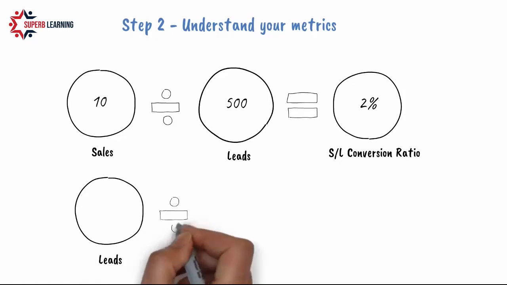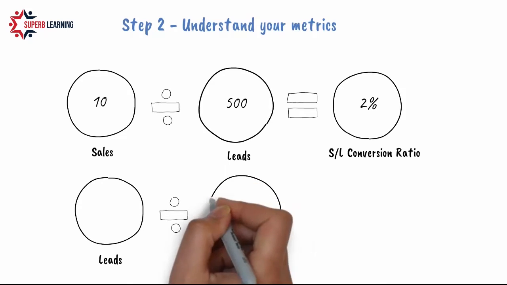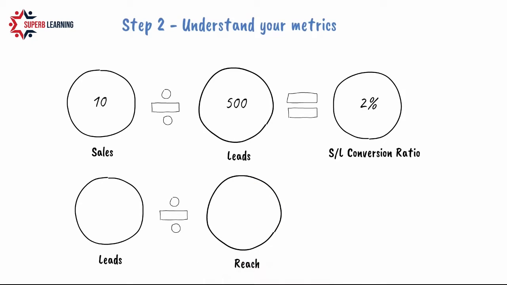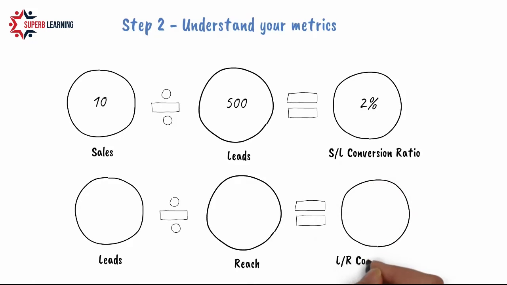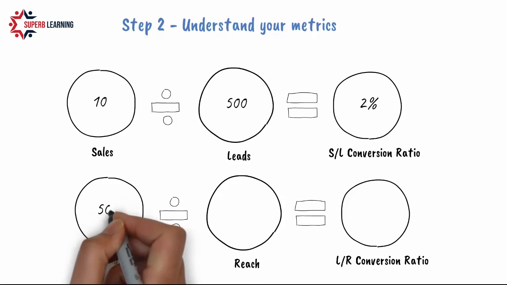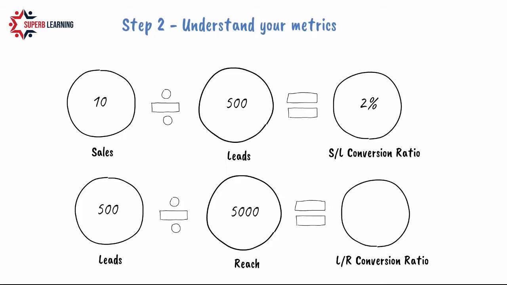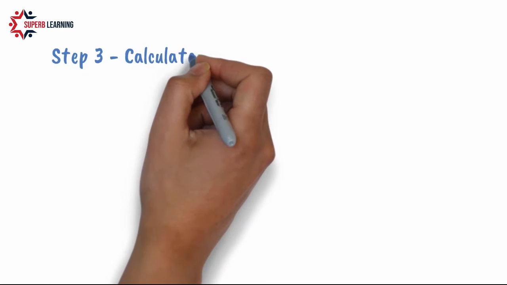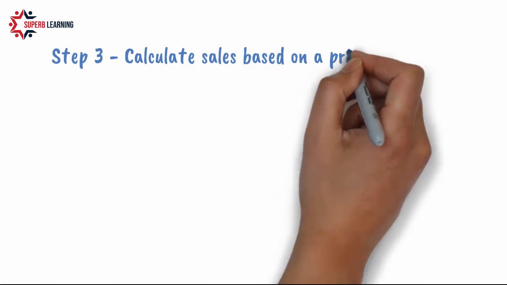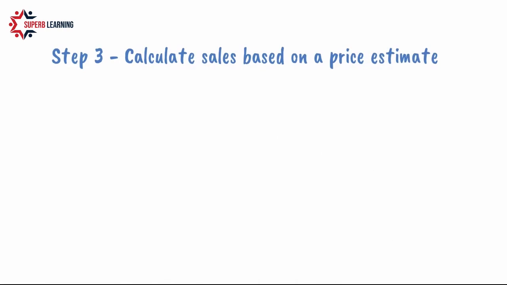From that, we then want to work out what is our lead to reach conversion. So we take our leads, divide that by the number of people that we've reached to get those leads to give us our lead to reach conversion ratio. So for example, 500 leads, and that came from a reach where we're reaching 5,000 people, gives us our lead to reach conversion ratio of 10%. So then we need to look at, well, what's the price estimate that we're going to calculate? And what are the sales that we're going to get from that?